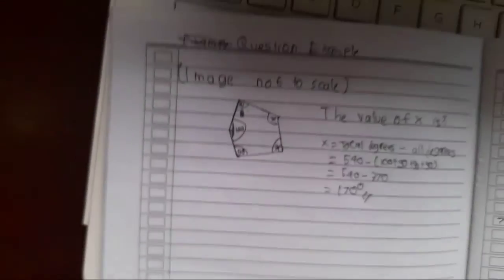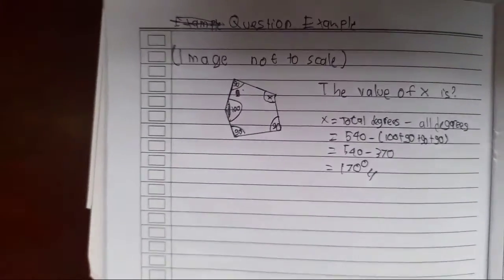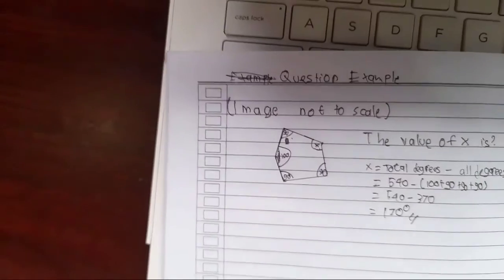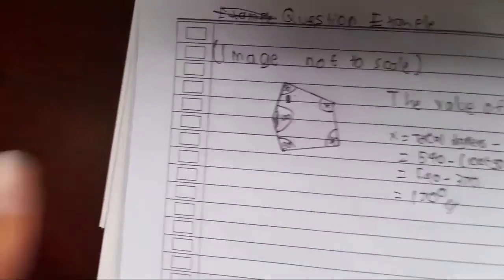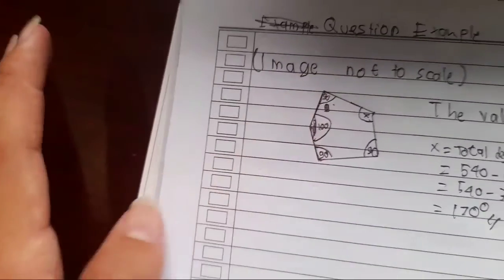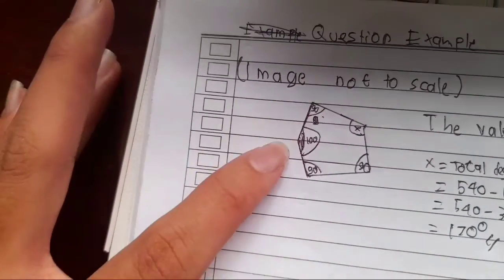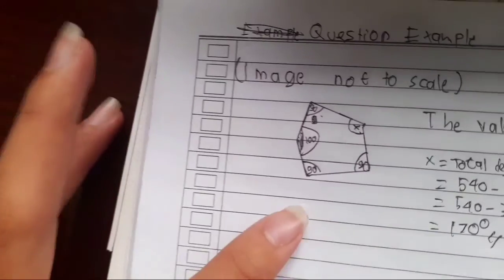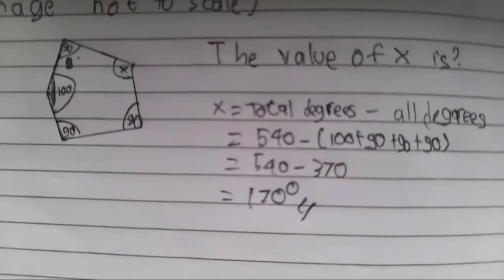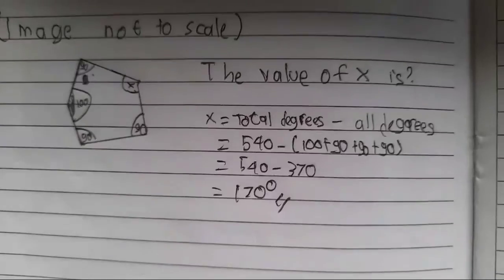Now let's move to the question example. So in the picture there is a pentagon that has 90 degrees, 100 degrees, 90 degrees, and 90 degrees. And there is x. Now we should search for the value of x.